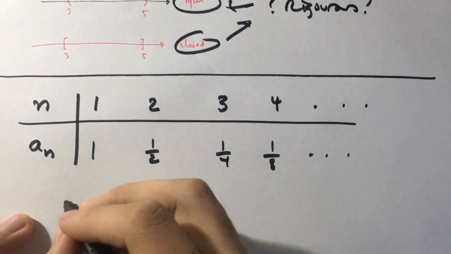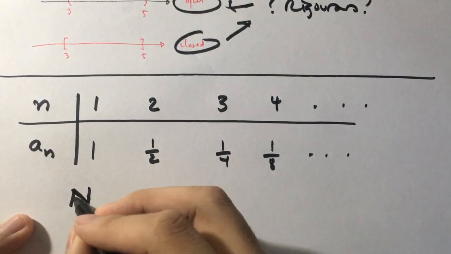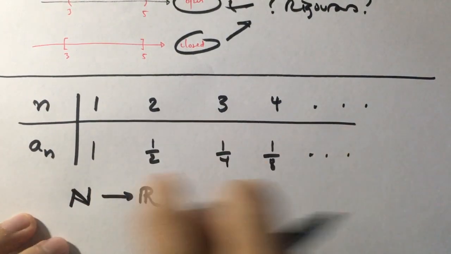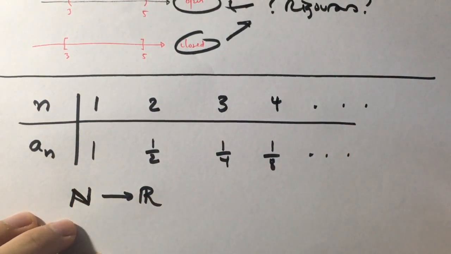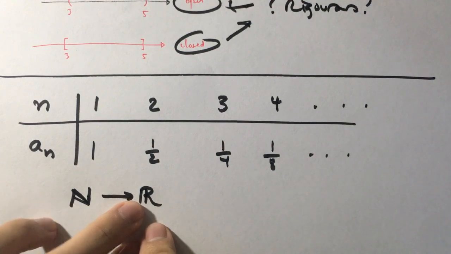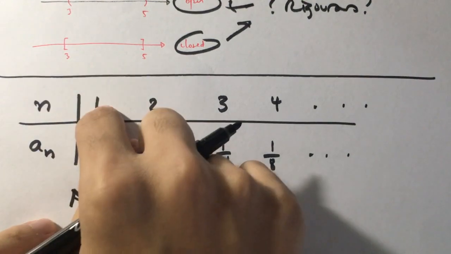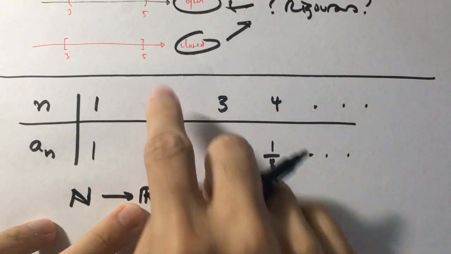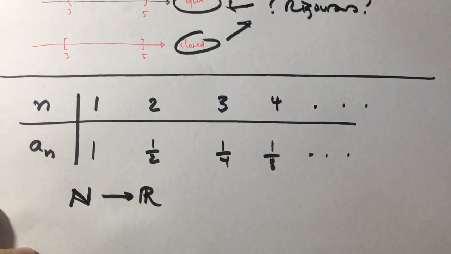This sequence has infinitely many terms. I can ask, give me a natural number, and I can give you a number in that sequence. The first natural number corresponds to number 1 in the sequence. The second natural number corresponds to 1/2, things like that.